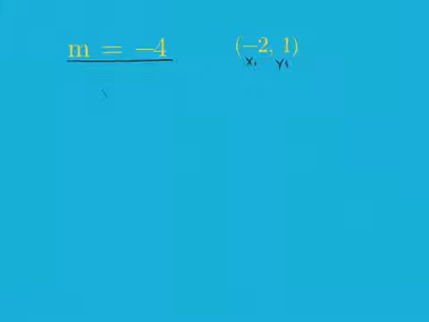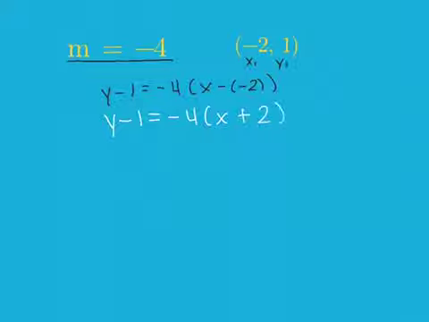So we're going to do y minus y1, which is 1, is equal to m, which is -4, times x minus x1. You can see we're subtracting a negative here, which means we could simplify this by saying y minus 1 is equal to -4 times (x plus 2).